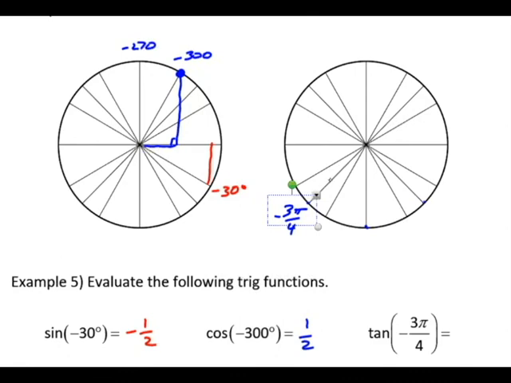And the tangent of that is going to be y over x. So we need both coordinates. That's going to be a 45, 45, 90 triangle. And so we're going to have coordinates of -√2 over 2 and -√2 over 2. X and y are the same. And so the tangent is positive 1.